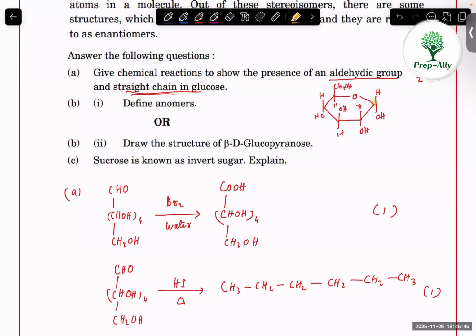What I'm talking about is this particular carbon, which is directly bonded here. This is C1. Whatever the changes, when OH is coming here and H is coming here, if this position changes, we will get anomers. So these are the different cyclic structures of glucose where the configuration at C1 is changed.